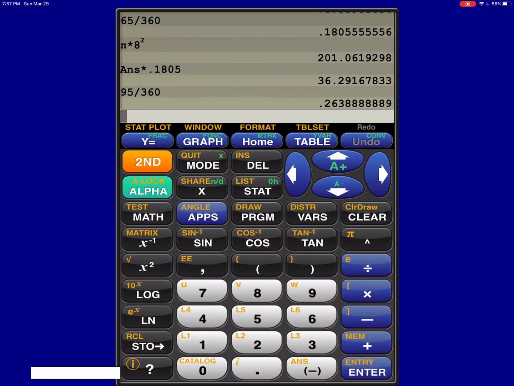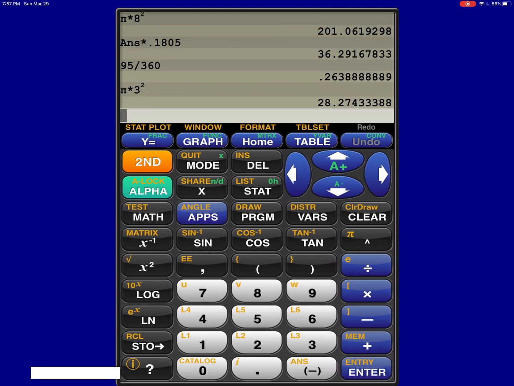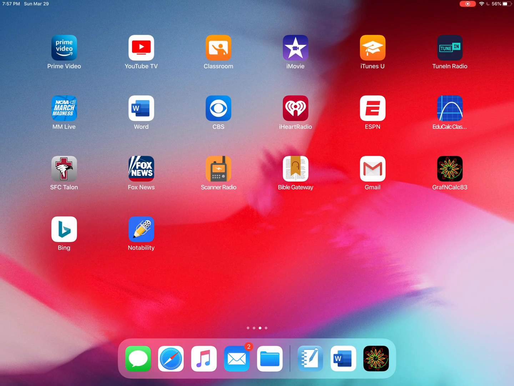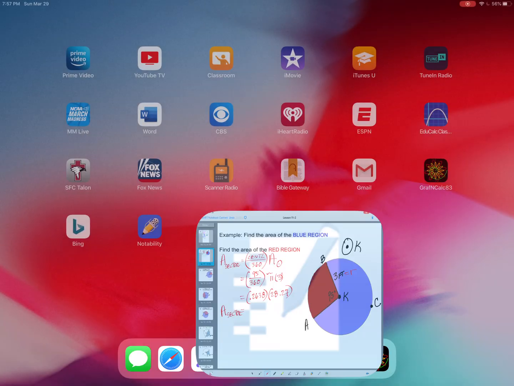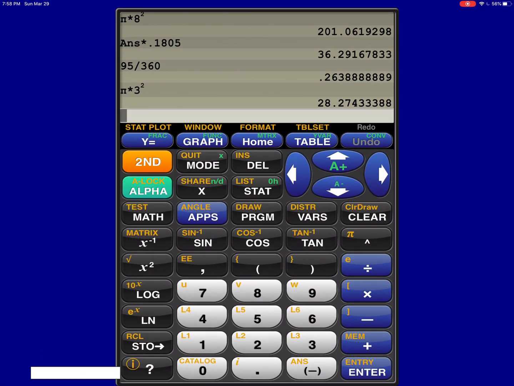Now, in the calc, pi times 3 squared. There it is in the calc. Nice. 28.27. Multiply them together. This is the red one now. Multiply those two together in our calc by 0.2638.